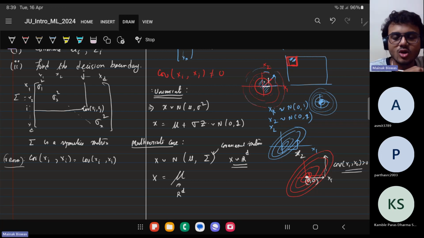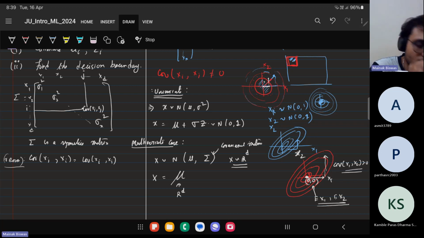It has to have d components, like we saw here: expected value of x1, expected value of x2. Yes or no? And we will have a mixing matrix. We'll see what this mixing matrix is.